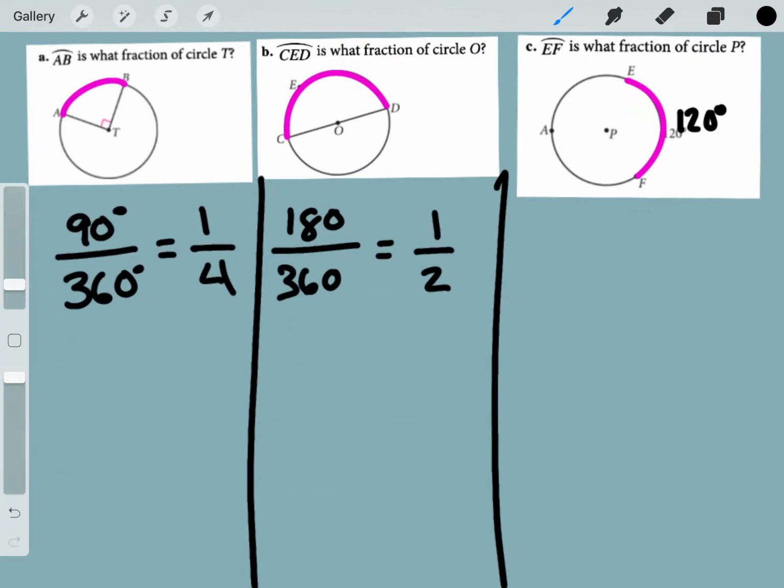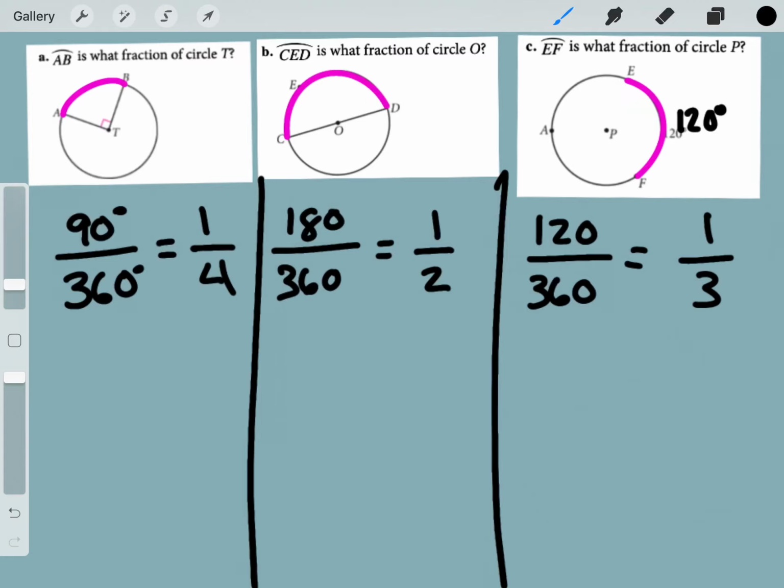Okay, and lastly, we have this arc EF, which has an arc measure of 120 degrees. What fraction of circle P does arc EF take up? All right, so we would do 120 divided by 360, and that gives us 1/3 of the circle.